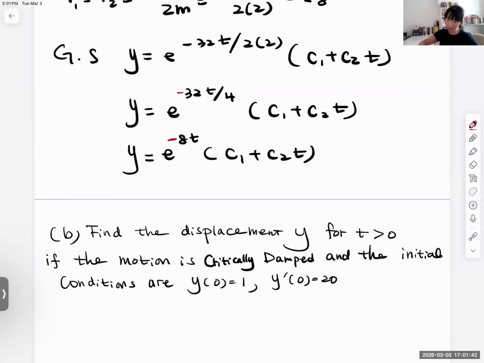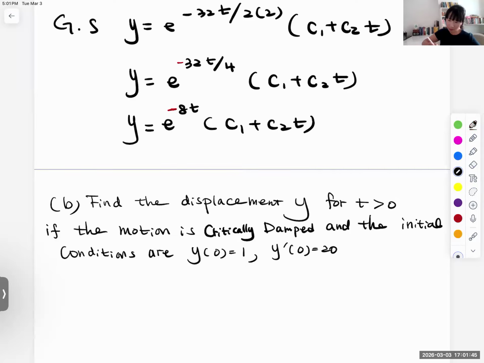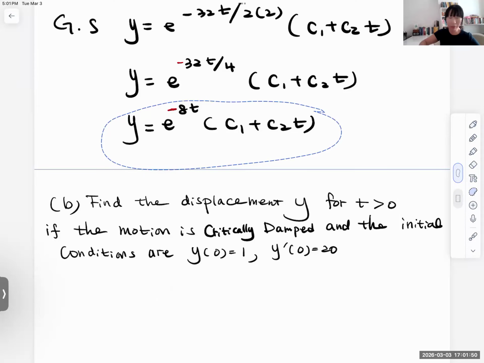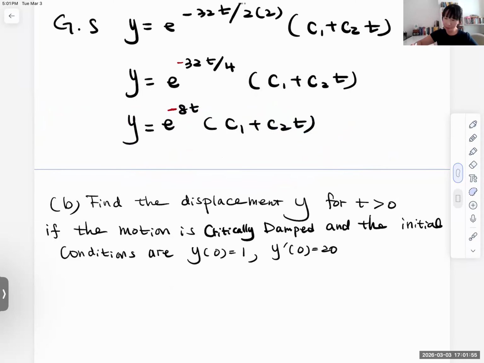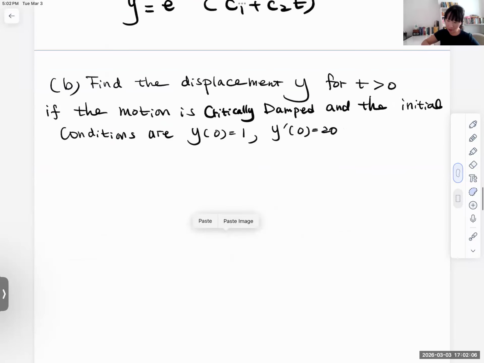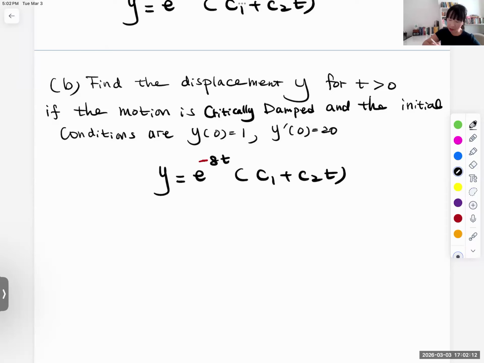So let me just copy this one, the general solution. Okay, now what about the derivative, right?